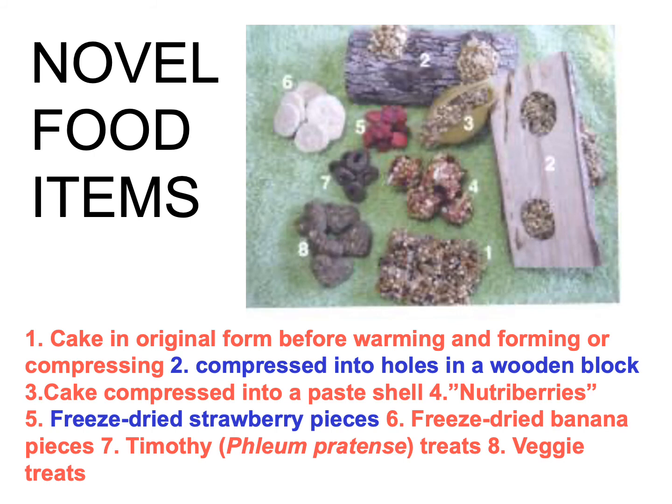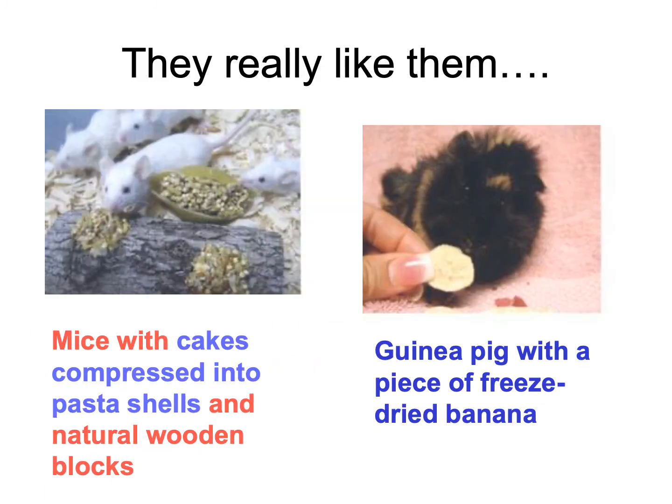Freeze-dried banana pieces. 7. Timothy Phleum pratense treats. And 8. Veggie treats. And you see also they really like them. Mice with cakes compressed into pasta shells and natural wooden blocks, and guinea pig with a piece of freeze-dried banana.